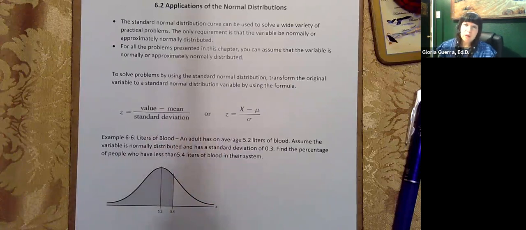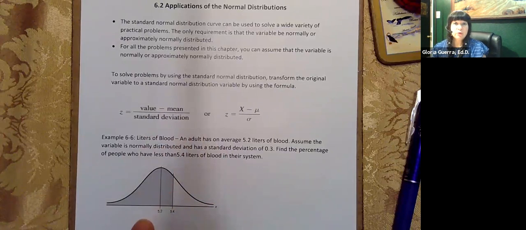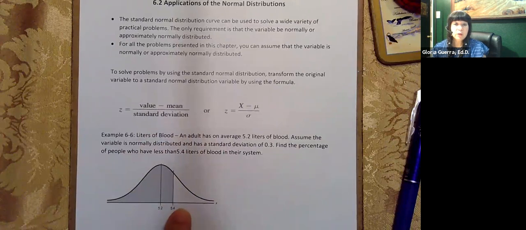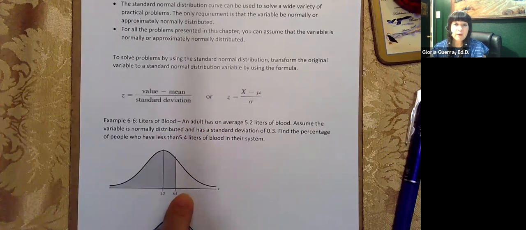Also on the test, you want to learn to draw your picture of your standard normal distribution graph and plot the mu, the mean, the standard deviation, your area, and/or your z.